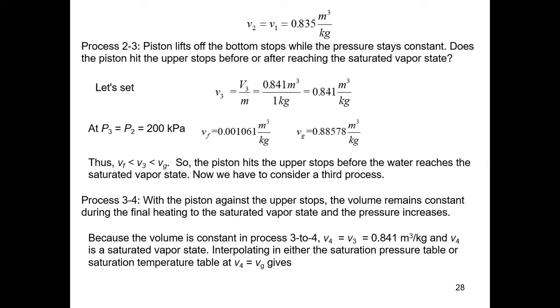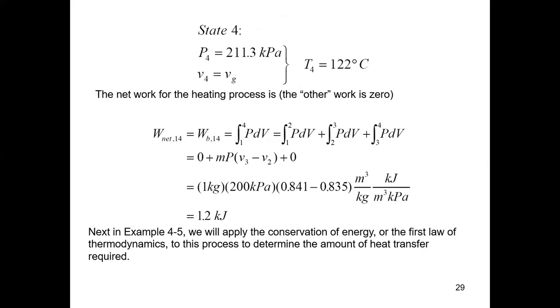Interpolating in either the saturation pressure table or the saturation temperature table at V4 equal to Vg gives final pressure of 211.3 kilopascal, and T4 is 122 degrees Celsius.